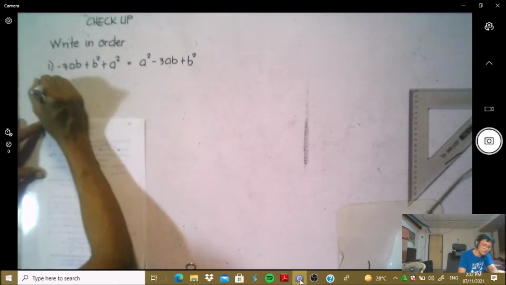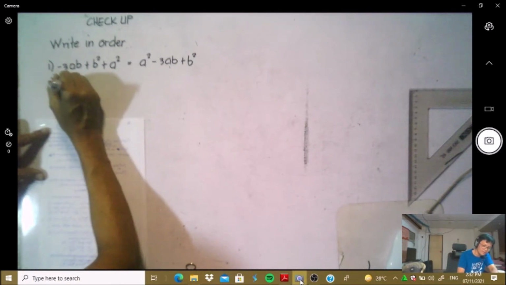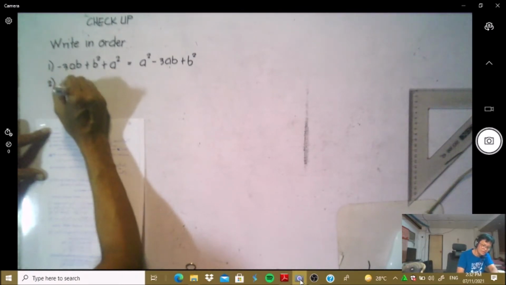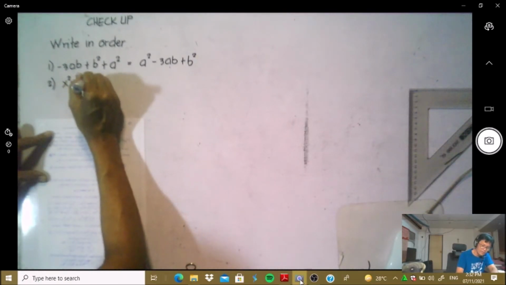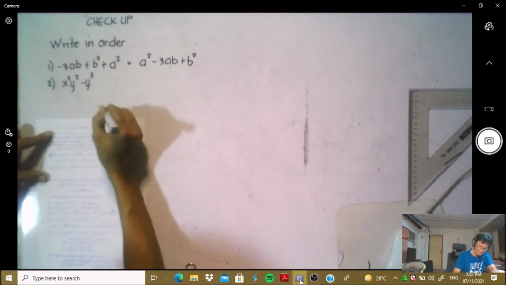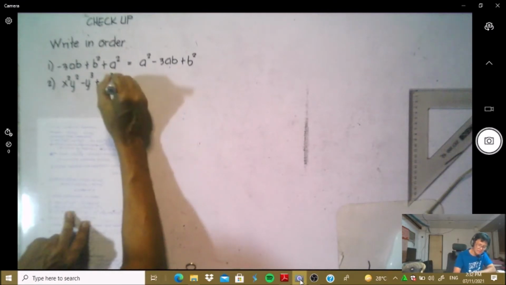And for number 2, we have x squared y squared, minus y cubed, plus x cubed, minus 7.